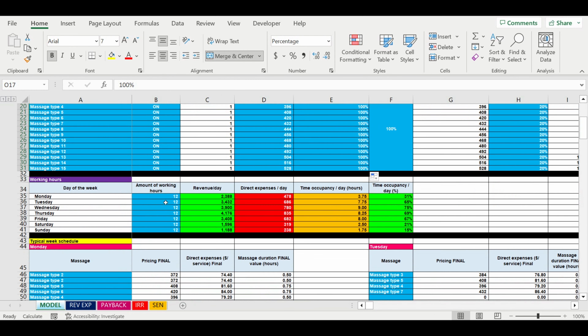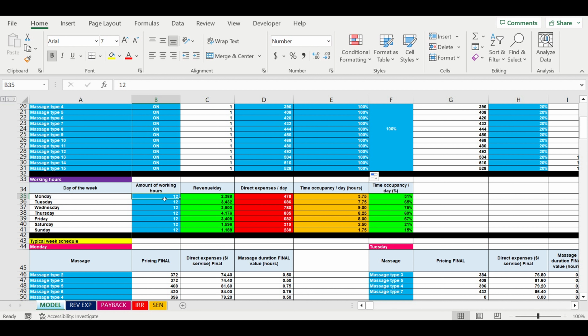Then you need to create a credible revenue generating algorithm that you will trust, because if you just specify how many massage services you will be offering per month, you may specify an amount of services that you will not be able to offer. And this is a critical mistake, because you will get revenue that you will never be able to get.